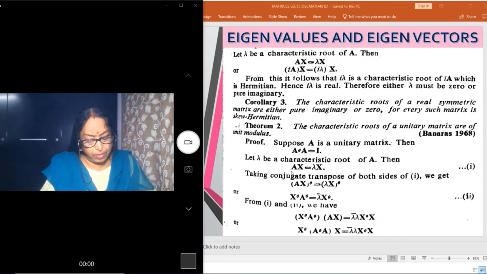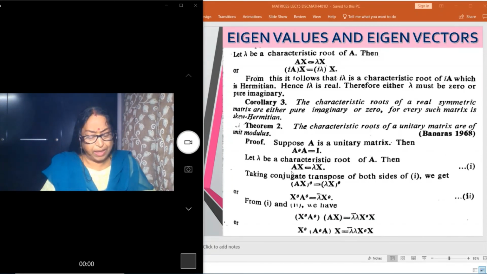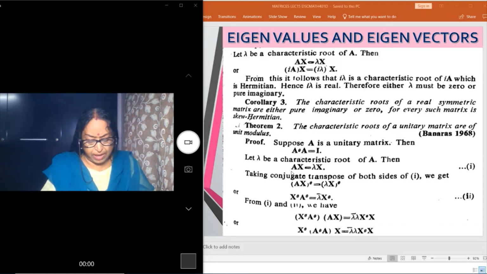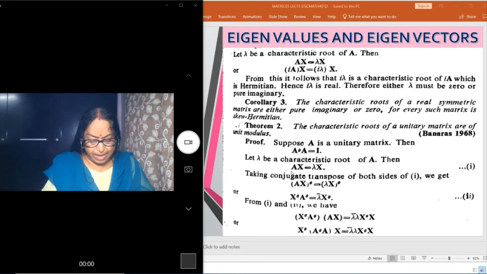Multiplying the two equations on both sides, we get x theta A theta A x is equal to lambda bar x theta into lambda x.